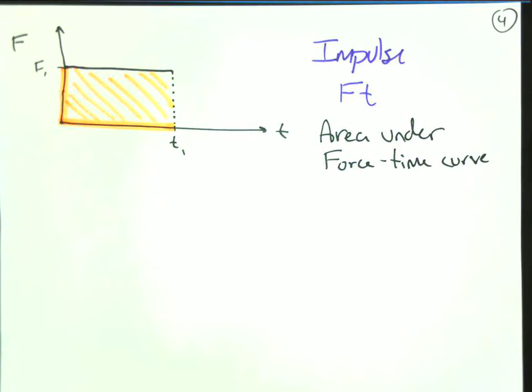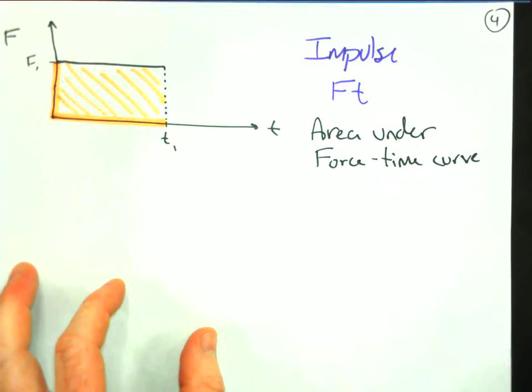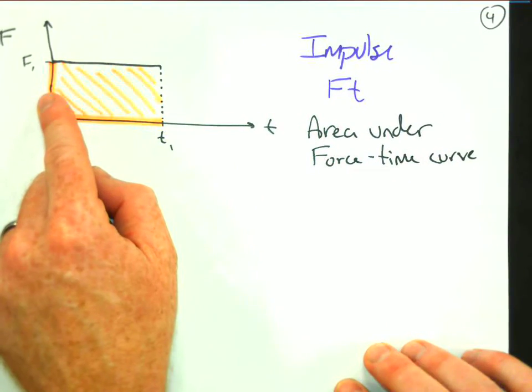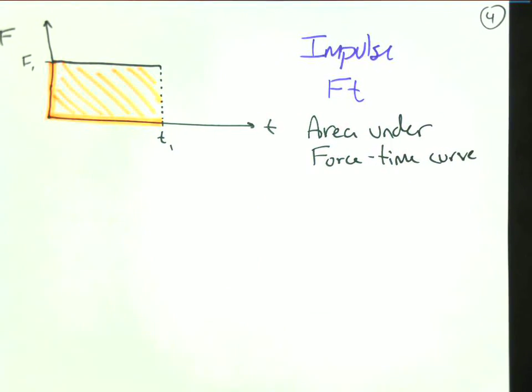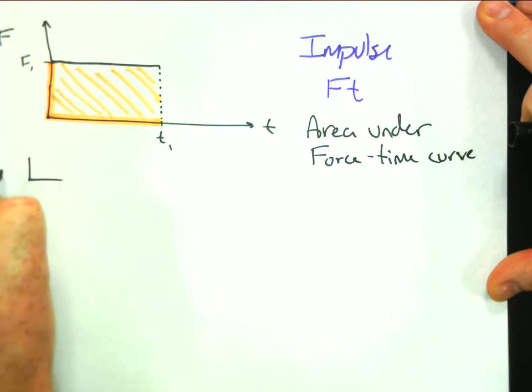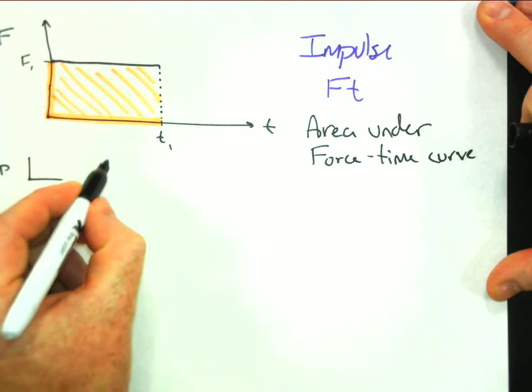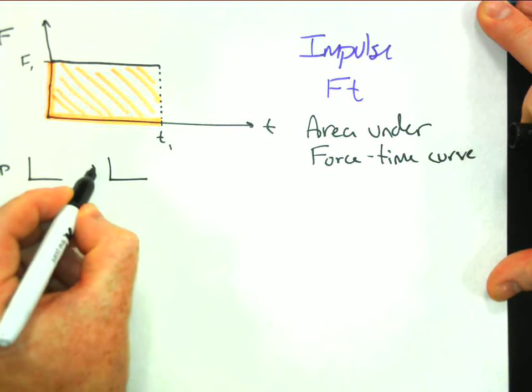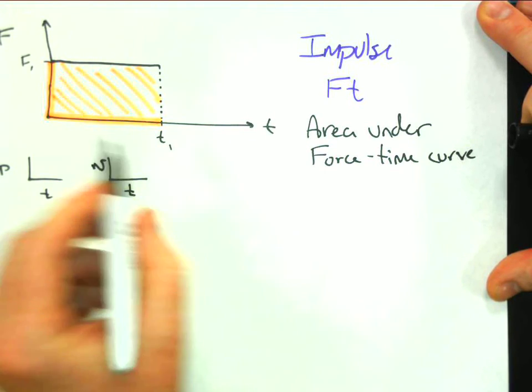So impulse on a force time graph, impulse is the area under the graph. Okay, very straightforward, no big deal. And so we've done stuff like this before. This is similar to a position time graph, a PT graph, and how a PT graph relates to a velocity time graph.